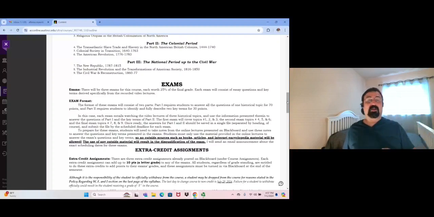The last historical era we're going to look at is the national period, all the way to the Civil War, the moment when the 13 colonies gained independence and formed a new political entity called the United States, and the attempt to create a stable political system, a state or a government, that is to say.